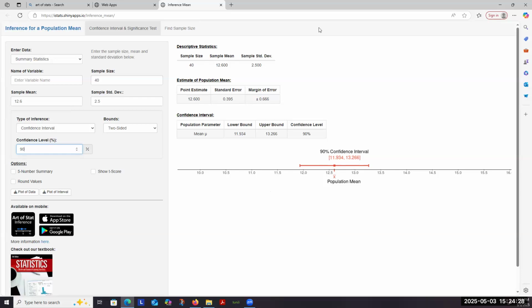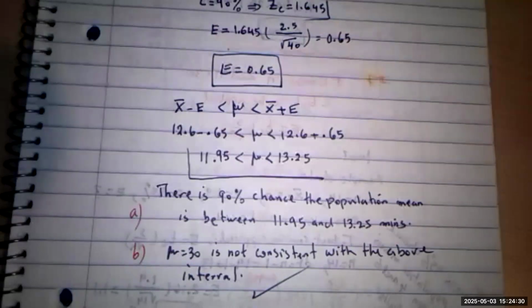Okay, so that is the confidence interval for the mean, case one. Case one is when the sigma is given to you. So that was problem number 3. Let's go back and check the next problem. There's going to be one more case of these.